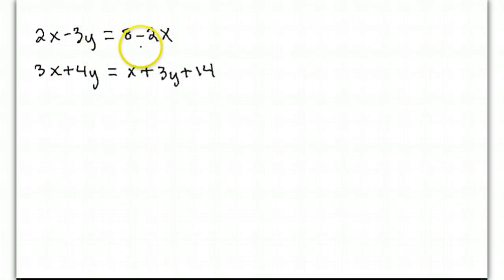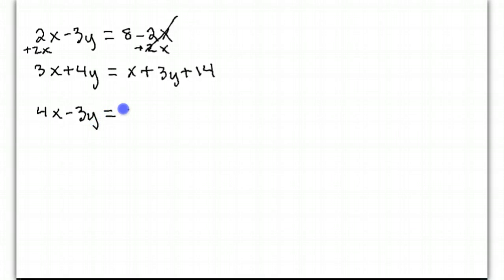So we're going to add 2x here, and that brings it to the other side and gets rid of it on this side, and what you end up with is 4x minus 3y equal 8. That's the first equation. On the second equation, we're going to subtract x and subtract the 3y from both sides, and that gets rid of the x and the 3y on the right side.